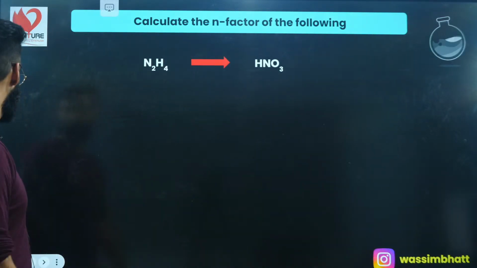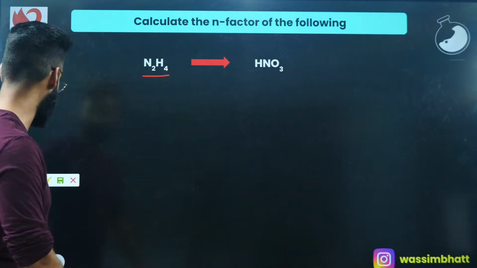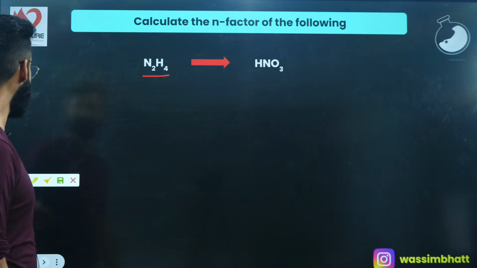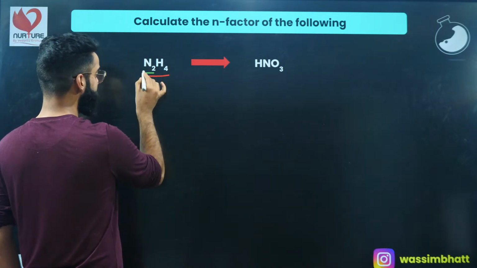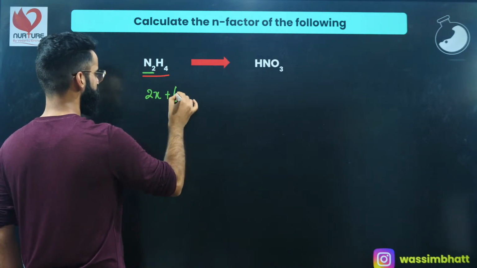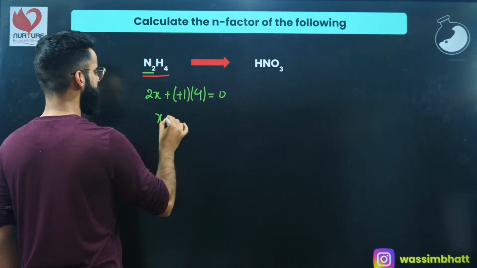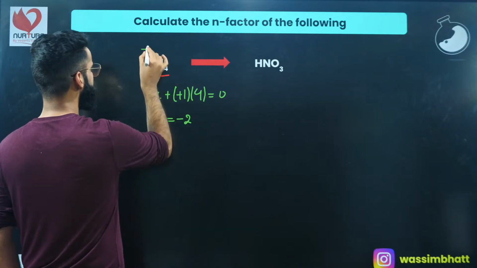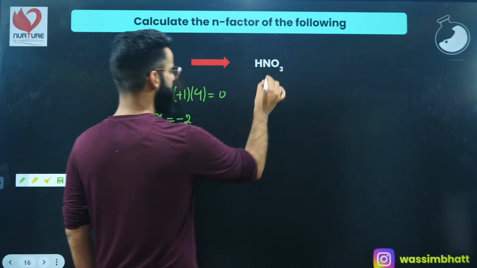One more question for you. Calculate the N factor for this N2H4 in this reaction. We can do this as well, right? Let's calculate the N factor of nitrogen. Let's first of all calculate the oxidation state of nitrogen. It's going to be 2x plus hydrogen shows plus 1, 4 hydrogen atoms, net charge is 0. So the x value comes out to be minus 2. So nitrogen over here shows the oxidation state of minus 2. What about the oxidation state of nitrogen over here?